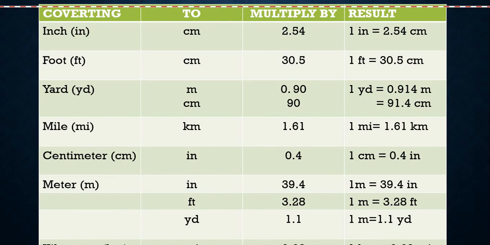Now, yard to meter, multiply it by 0.914. So the result is 1 yard is equivalent to 0.914 meter. Now, yard again to centimeter, multiply it by 91.4. So 1 yard is equivalent to 91.4 centimeter.